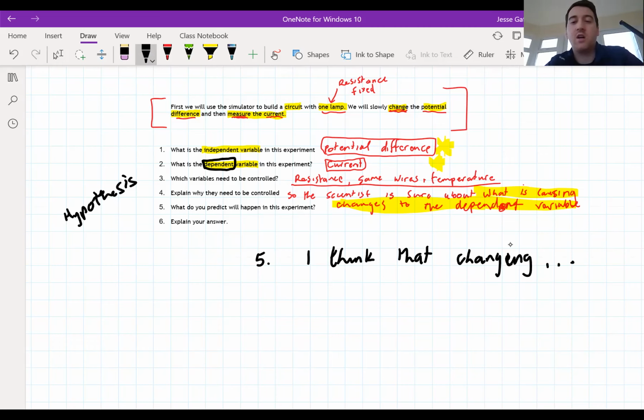I think that changing ... will cause ... Or if you don't want to say changing, you could say, I think that increasing or decreasing, or whatever way you want to put it, any kind of change that you might do. I think that increasing or changing ... whatever you think there will cause ... So you have to fill in that kind of sentence, but apply it to our problem here. Okay, so pause your video and try and do that now, please.